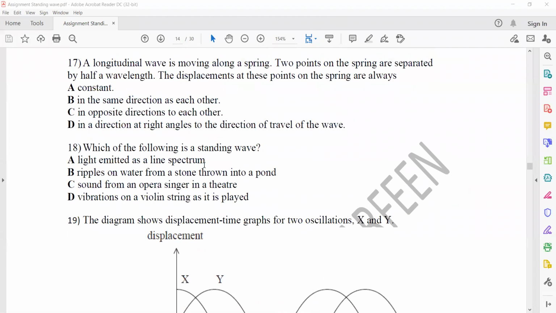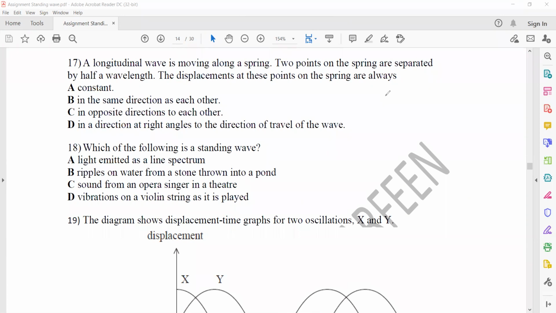In question 17, a longitudinal wave is moving along a spring and 2 points on the spring are separated by half wavelength. The displacement of these 2 points are always, so a longitudinal wave is moving and 2 points of a spring are separated by half wavelength.